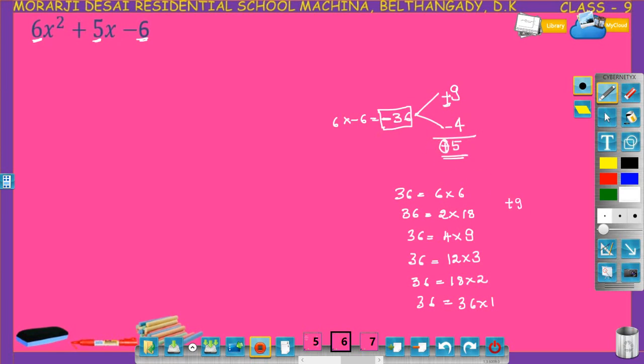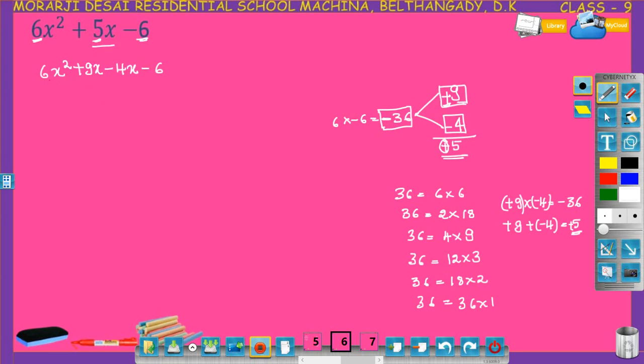So plus 9 plus minus 4 is equal to plus 5. So the two numbers are plus 9 and minus 4. Now you have to split 5x such that you write it as plus 9x minus 4x. Here 6x square minus 6.